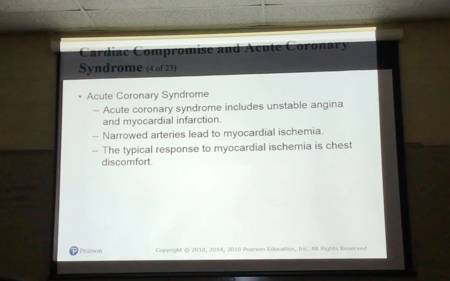Acute coronary syndrome is a significant disease and a significant cause of death in the United States. Early recognition of signs and symptoms and early intervention are the keys to reducing death from acute coronary syndrome.